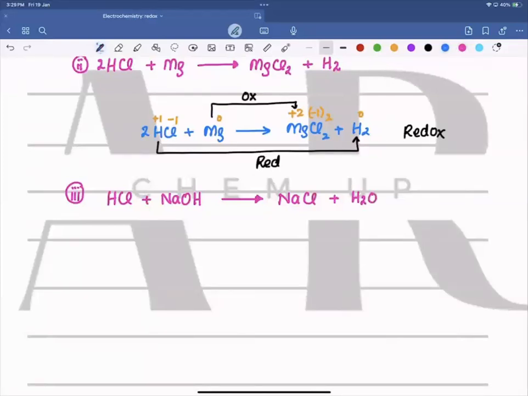So now if I ask you guys to put the oxidation numbers of each of the elements in this equation and then identify which element oxidizes and which element reduces. So do it quickly and then let me know about this equation, okay?